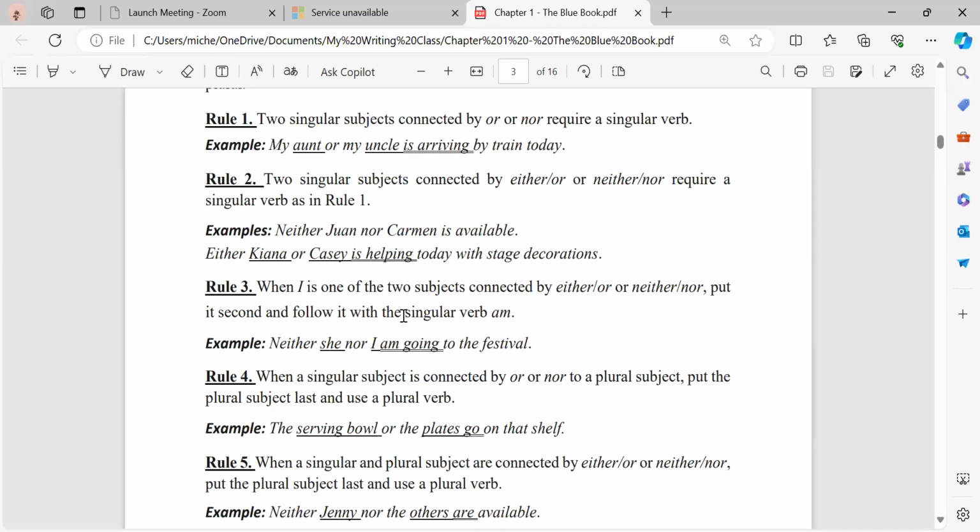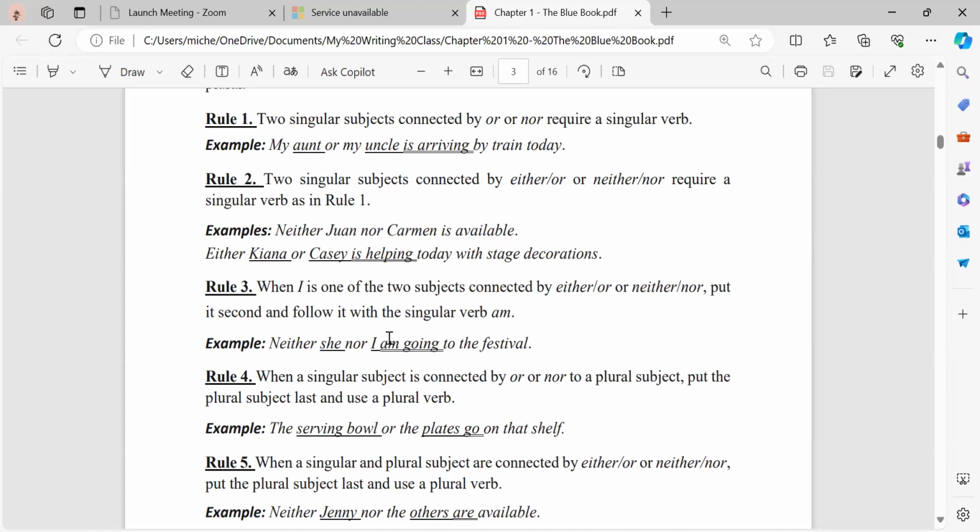When I is one of the two subjects connected by either/or or neither/nor, put it second, and follow it with a singular verb. So this is if the word I is here: neither she nor I am going to the festival. This is kind of an exception for the subject I, which is followed by am instead of is or are.